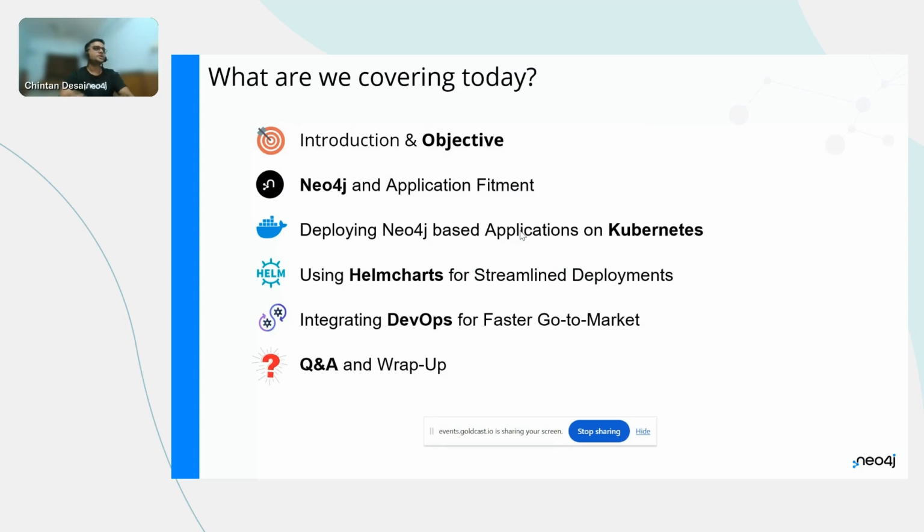So in today's session, what we are going to cover. This session is from the application engineering track. Whoever is joining from the audience, we work on modern applications. Modern applications require scalable, efficient solutions and streamlined deployments to meet the competitive go-to-market.